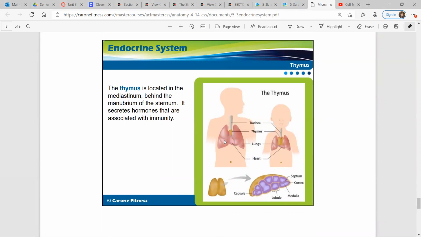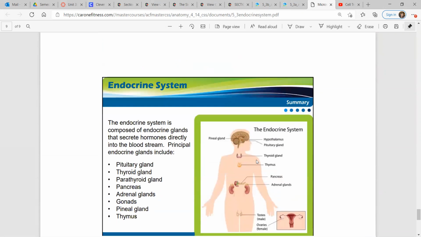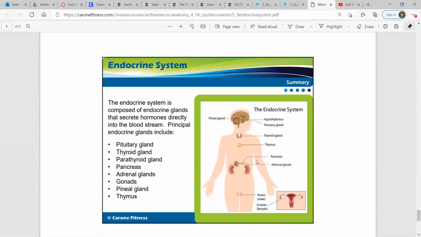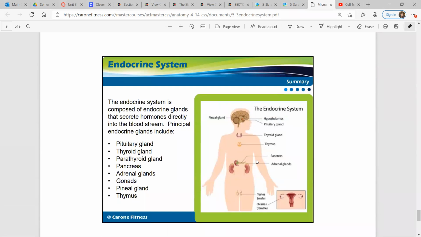And the thymus is located in the mediastinum, behind the manubrium of the sternum. So right about here. It secretes hormones that are associated with immunity. And altogether, this system secretes hormones directly into the bloodstream.